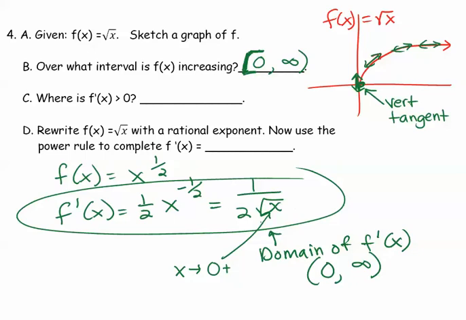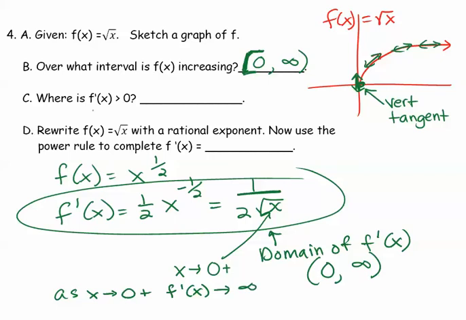So when the denominator is small and we multiply by the reciprocal to move it to the numerator, dividing by a small number gives us a huge number. So we could say as x approaches 0 from the right side, f prime of x is going to get huge. It's going to go to infinity.